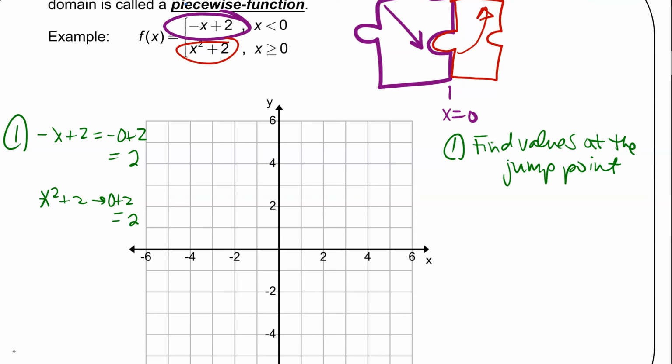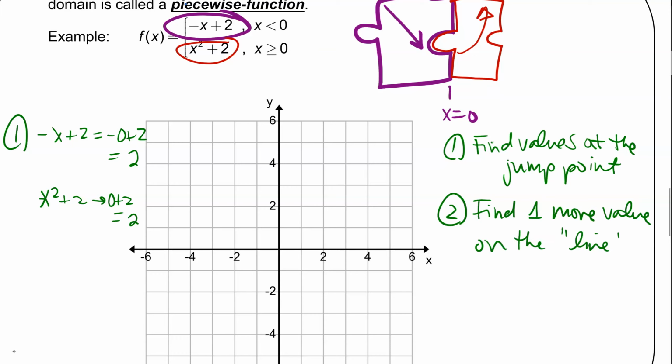Then find one more value on the line. I am using air quotations for line. Second step: find one more value on the line. So what I mean by that, let's take this first one.